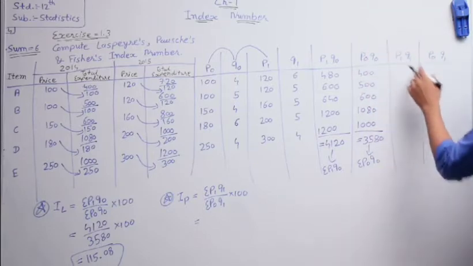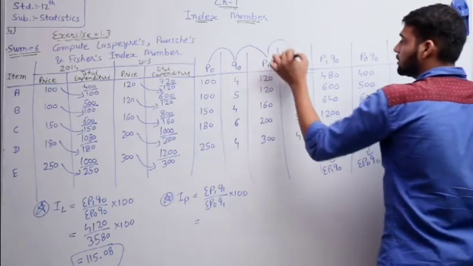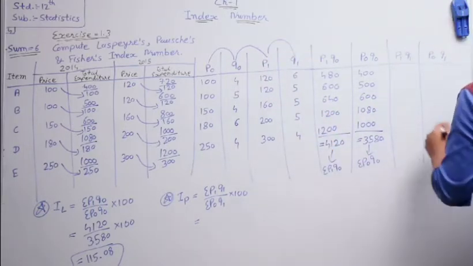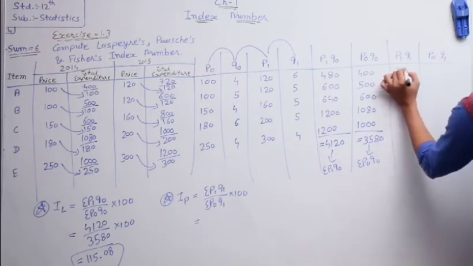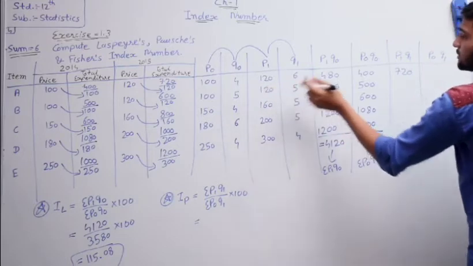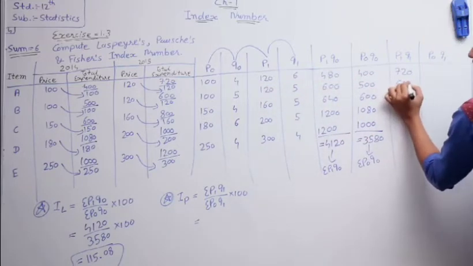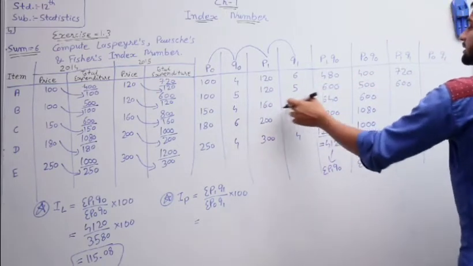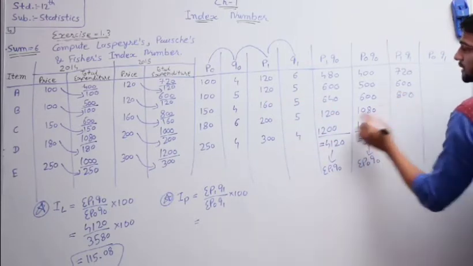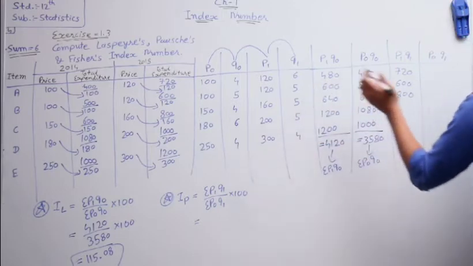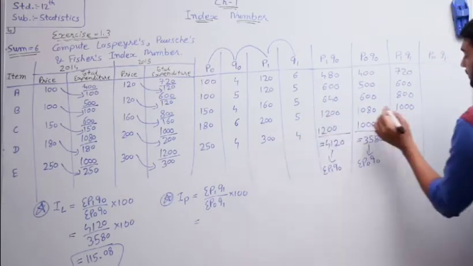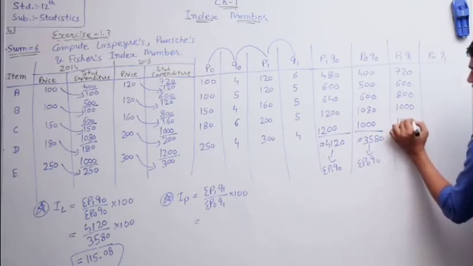First, the multiplication for the P1 Q1 column: 120 multiplied by 6, 720. 120 multiplied by 5, so the answer is 600. Then 160 multiplied by 5, so the answer is 800. Then 200 multiplied by 5, so the answer is 1000. And 300 multiplied by 4, so the answer is 1200.